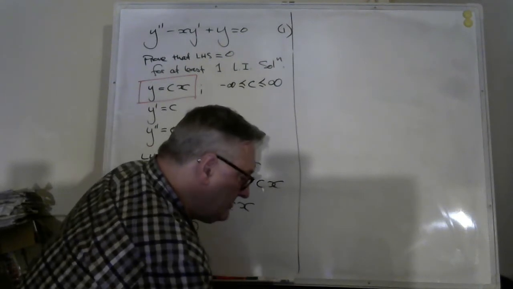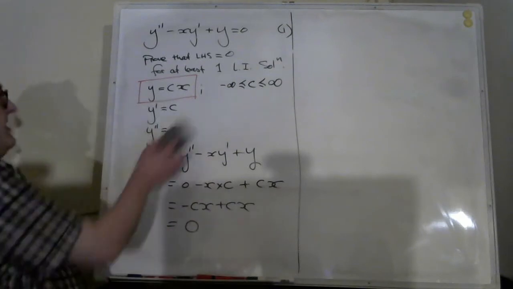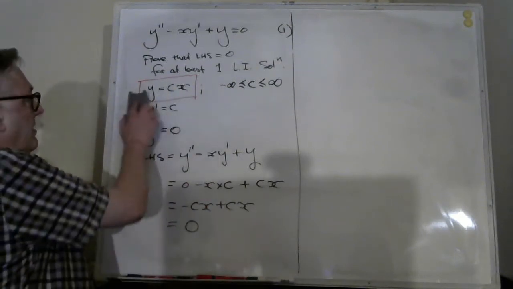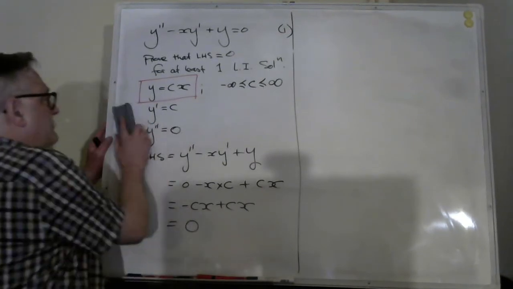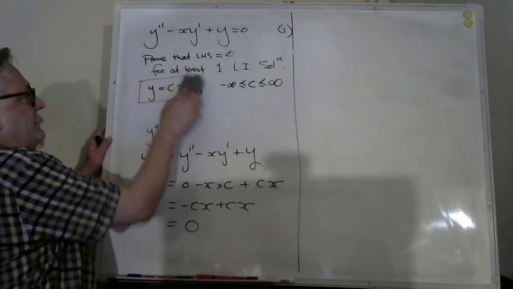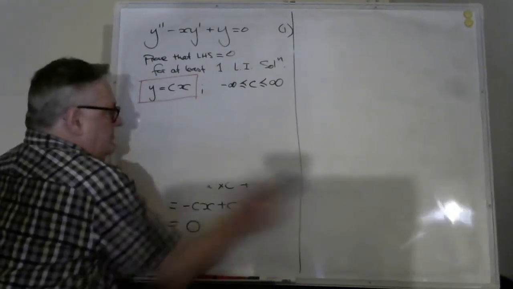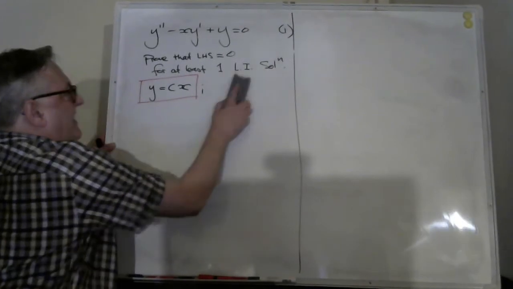What I'm going to do now to save space is to rub this working out below here, just on the lower half, and relabel this equation here, y equals cx, as equation 2, because I'm really trying to conserve space.